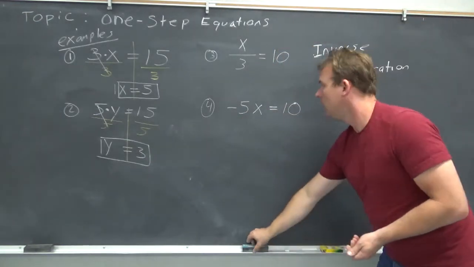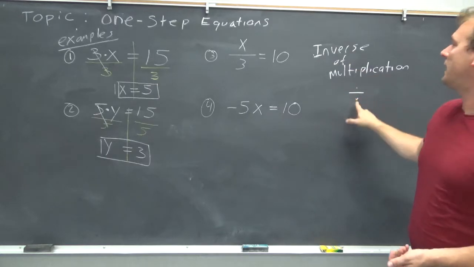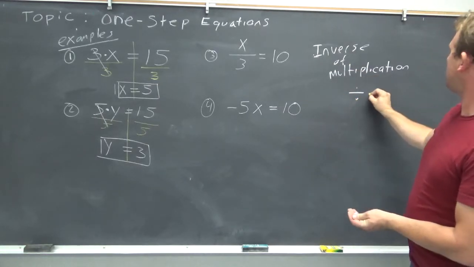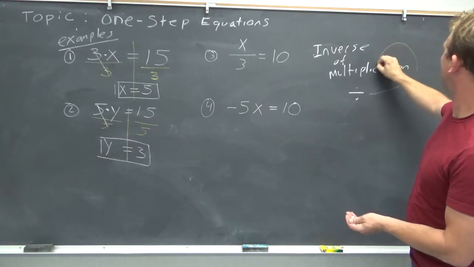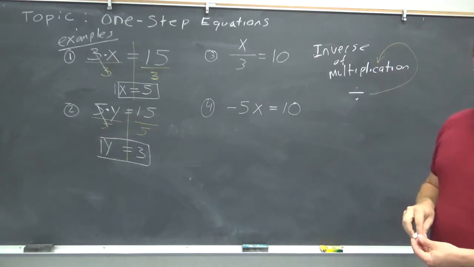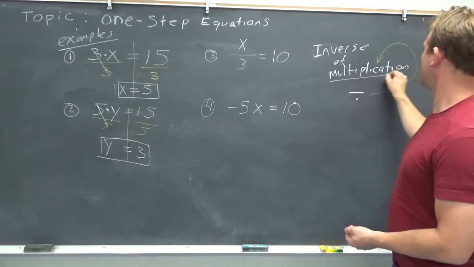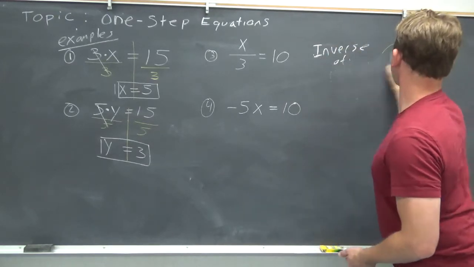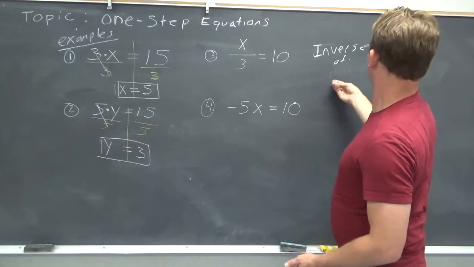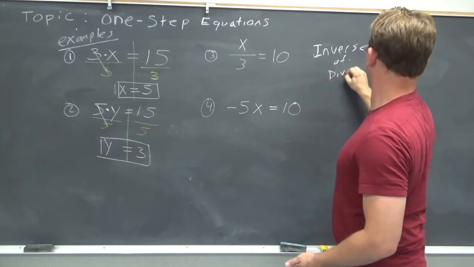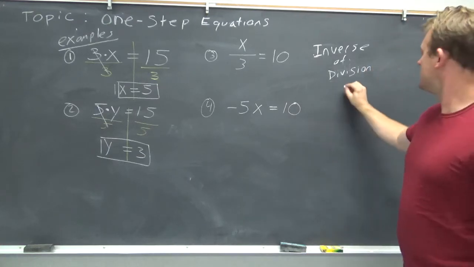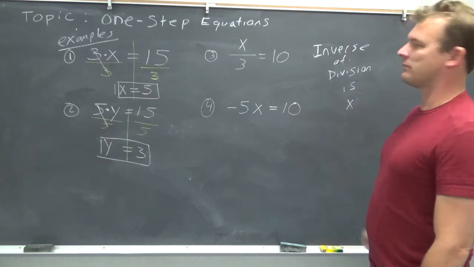So now, since the inverse of multiplication is division, what about the other way around? What's the inverse of division? Well, it's multiplication. So the inverse of division is multiplication.